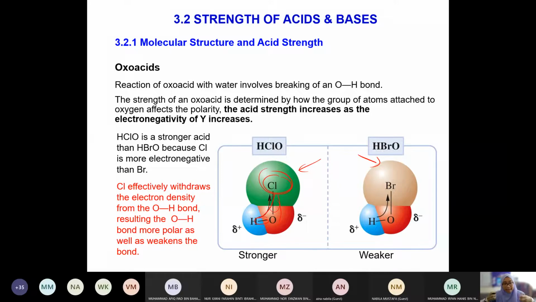Okay, dia menarik, dia ada that ability because of dia punya electronegativity. Dia sangat electronegative sehingga dia boleh tarik other electron density, okay, which is quite far from this atom, but it has the ability to withdraw the electron density towards it.